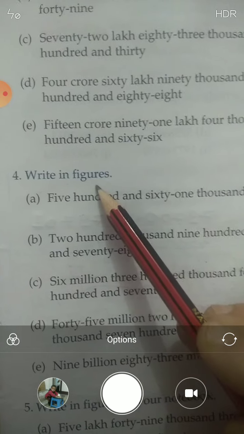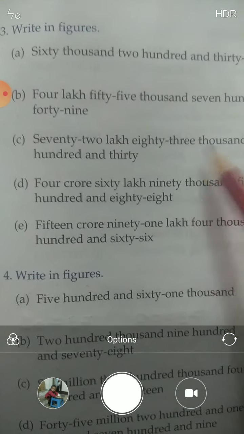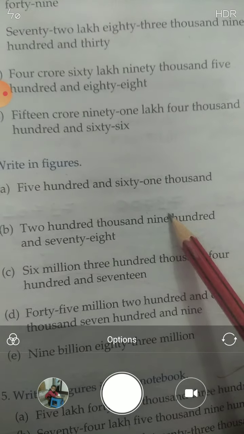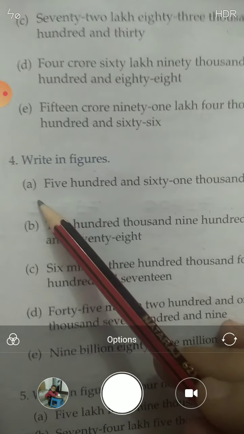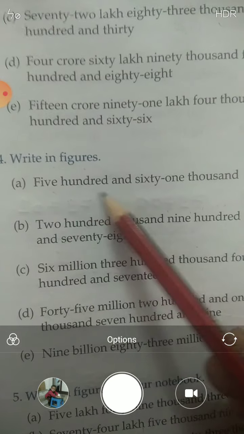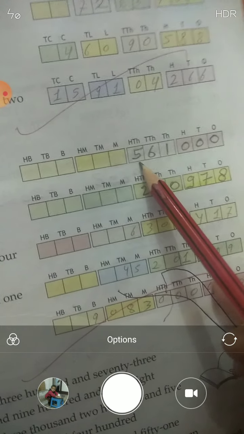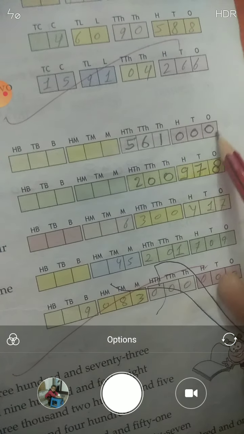Come to question number 4. Write in figures. Students, in the third question we have to use the Indian system. In the fourth question we have to write in figures in the international system. In A part, what is this? 561,000. Fill the blocks like this.